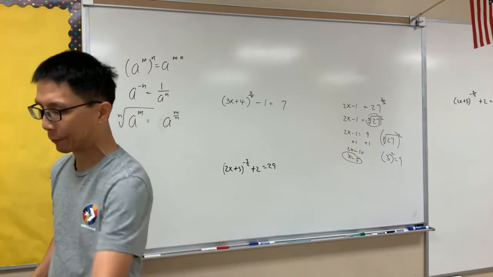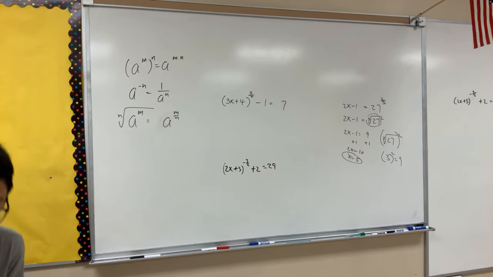So how'd you get 2 to the 4th power? You did the same. It's a radical, right? Because the cube root of 8 is 2.